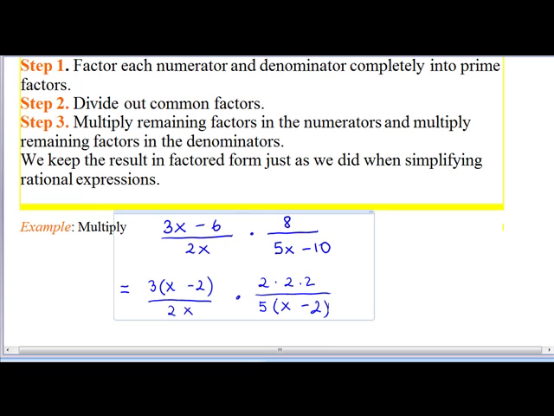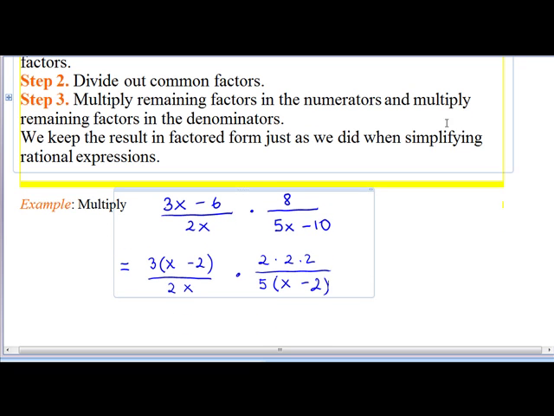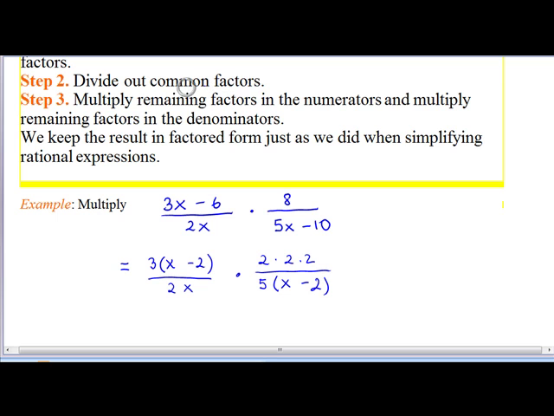When we're done with this, we're going to use step 2, which is to divide out the common factors. Okay, let's see. We have the common factor right here, 2 and 2. So I'm going to cancel this factor out.